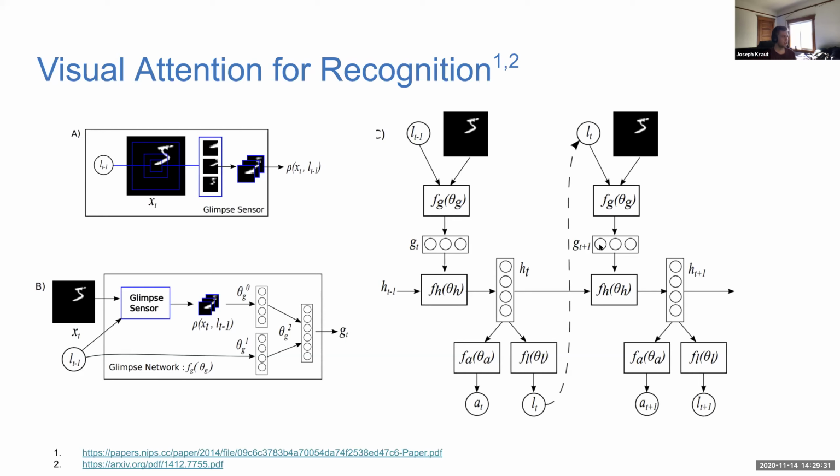Regardless, you're going to start somewhere, and after the first step, the model will be in complete control of where it looks next. Does that answer your question? Yeah, it does. Thank you.